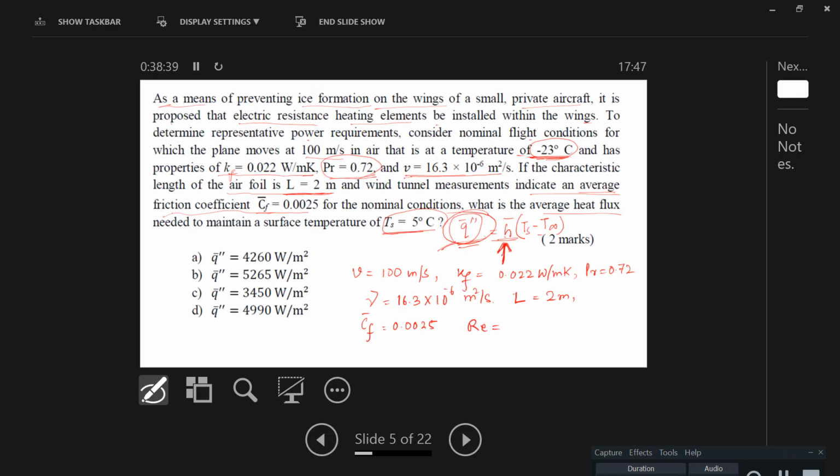We need to calculate this Reynolds number. Re is equal to L into V divided by nu. So L, the characteristic length, is given as 2 meter, V is 100 meter per second, and nu is also given as 16.3 into 10 to the power minus 6. So if you calculate, how much do you get for Reynolds number?